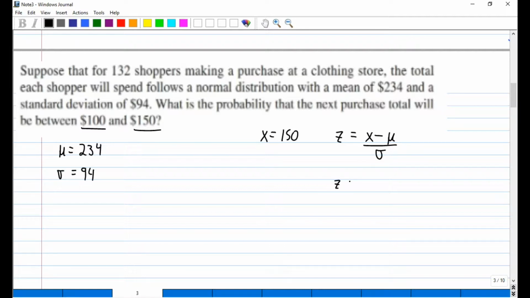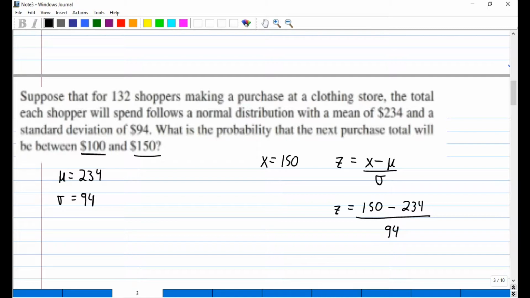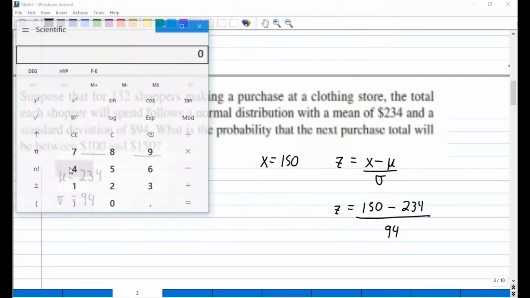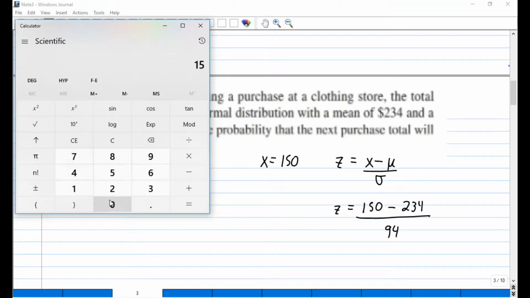So that's z equals 150 minus 234 over 94. All right, so I'm going to need to do that in my calculator. And I want to round that to 2 decimal places. So that's going to be negative 0.89.